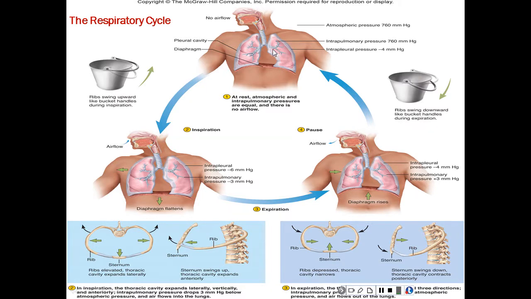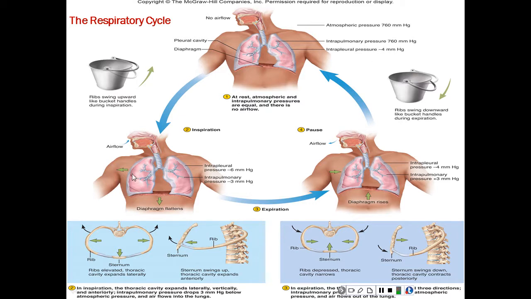Inside is the intrapulmonary pressure, meaning within the lungs, and that's 760. And our intrapleural pressure is -4. This is at rest. Everything is equal. Atmospheric pressure and intrapulmonary pressure are equal.